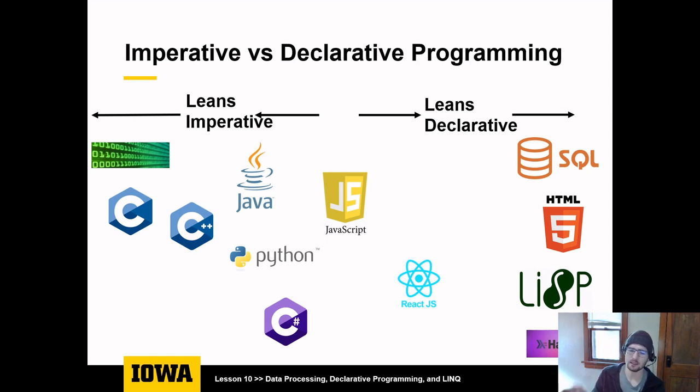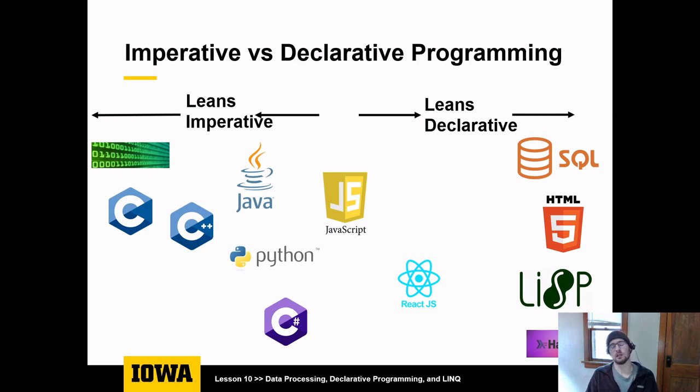Kind of on the weirder end of declarative programming, we have languages such as Lisp and Haskell, and they have their purposes. On the imperative end, we have things such as C and binary, right?